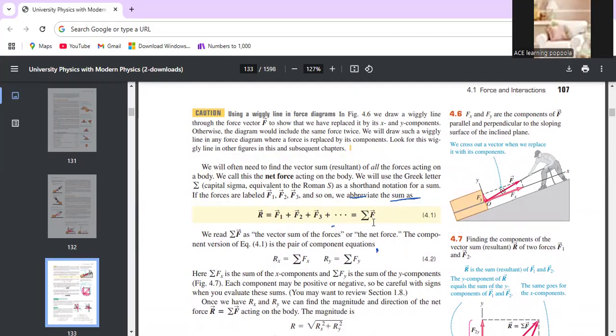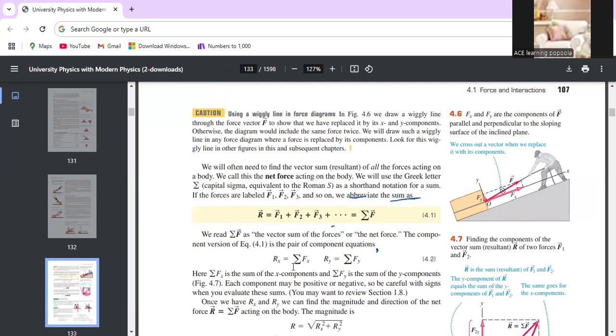It represents the addition of several forces. So we would refer to it as the net force, okay? Net force for several forces, when we have several forces acting on an object. So we read sigma F as the vector sum of forces or the net force.